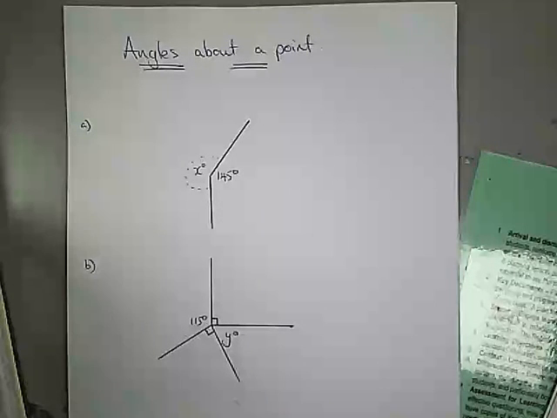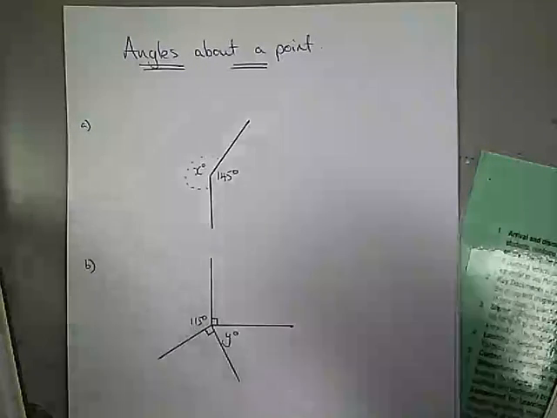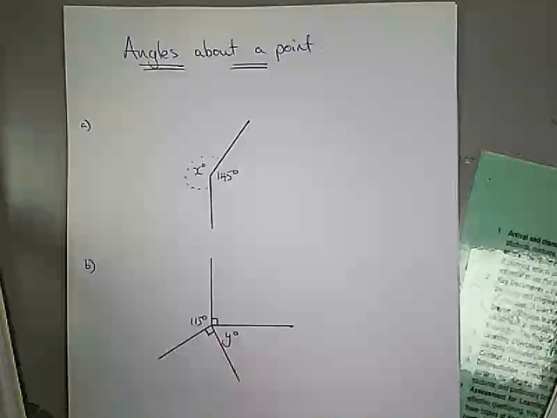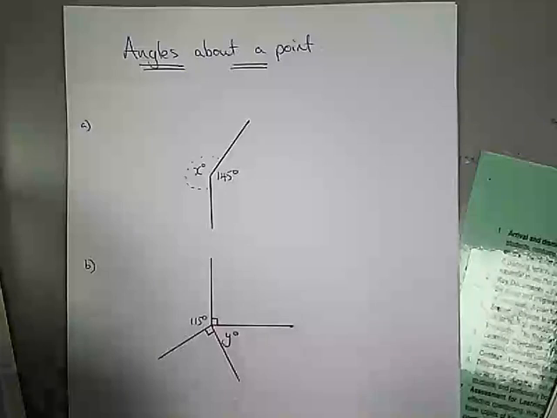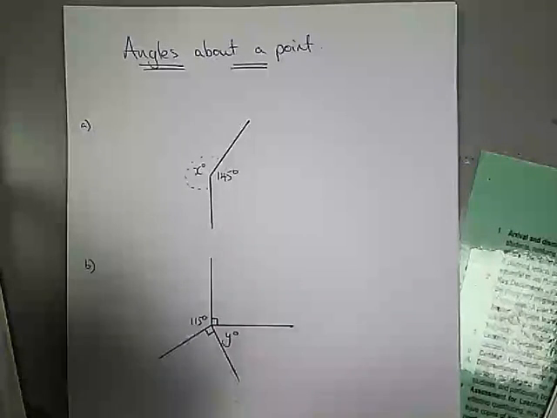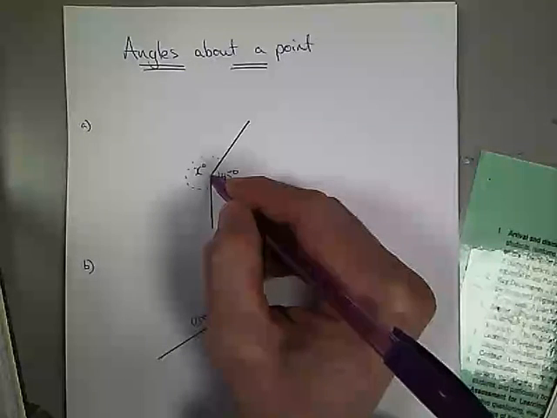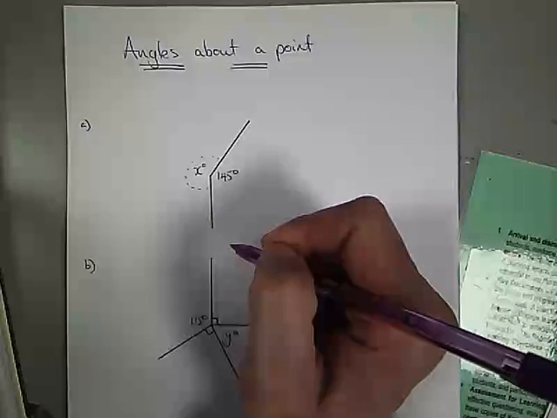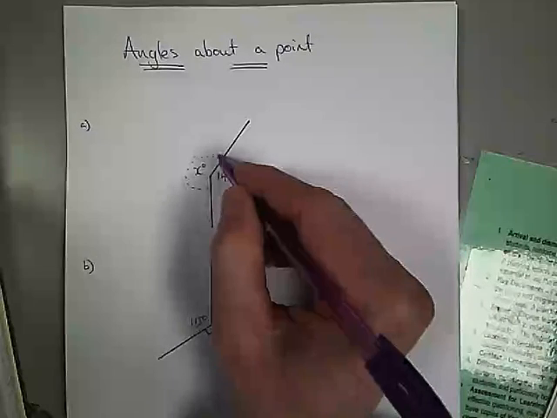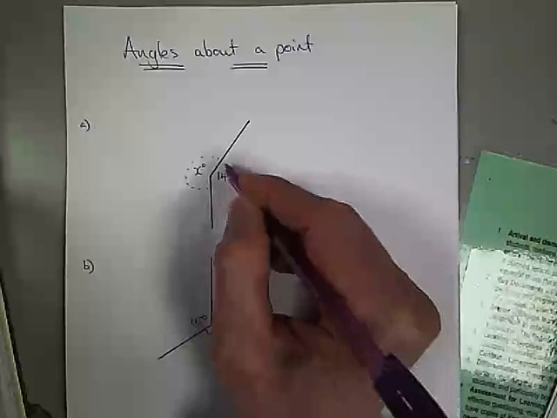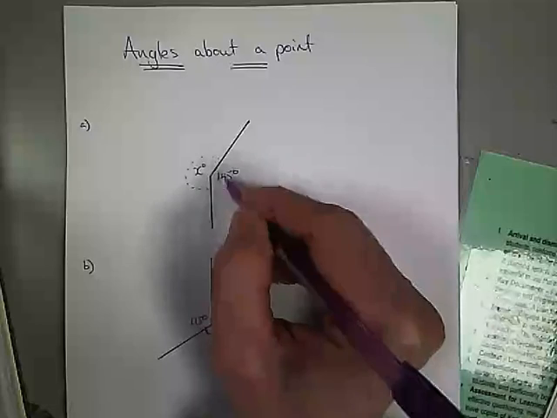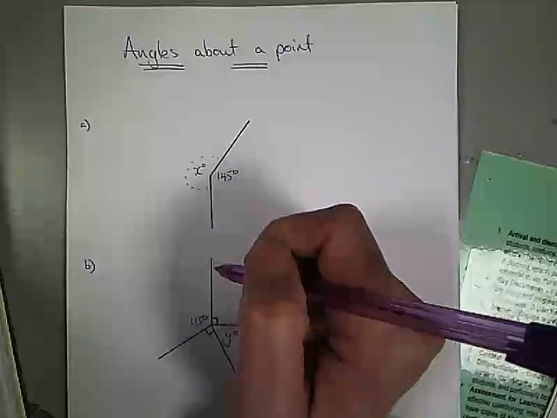Right, what we're going to look at today, keep it simple again, I'm not going to ask you to do too much in one go, but we're going to work out some missing angles about a point. The fact that we use here, something that is a base that we can always go back to, is if this is my point right in the centre of where these lines meet, then the angles that go around that point must add up to 360 degrees.